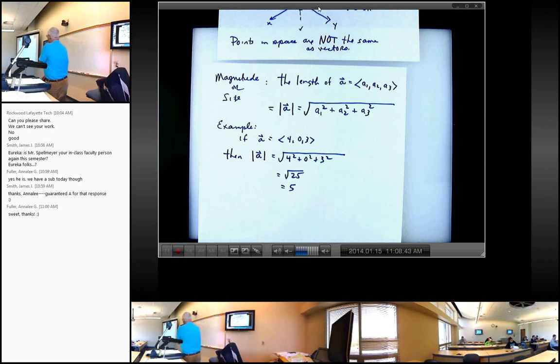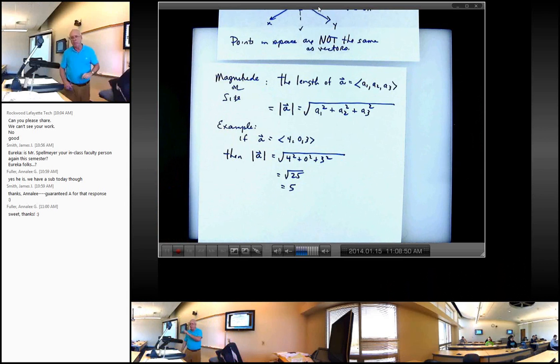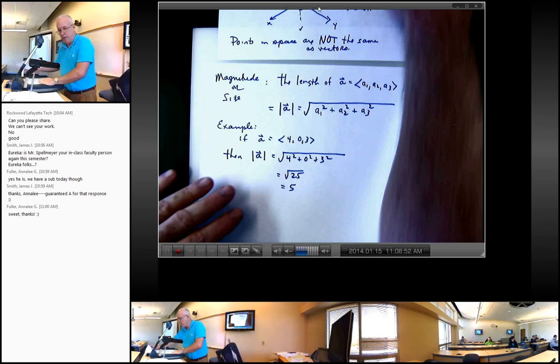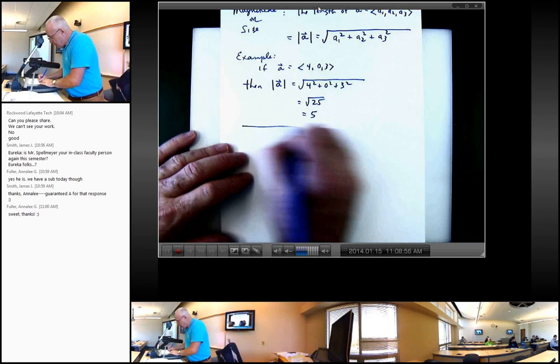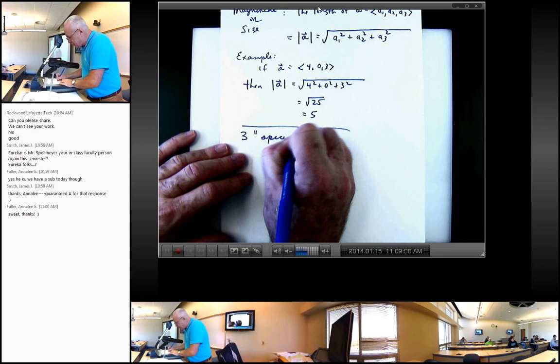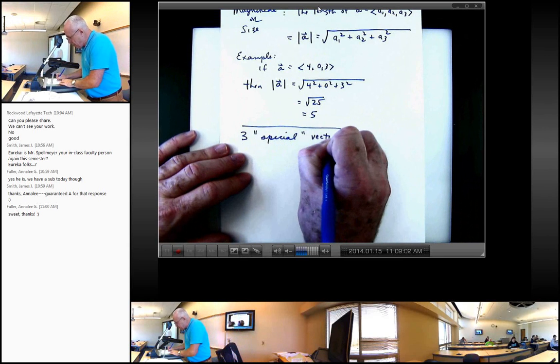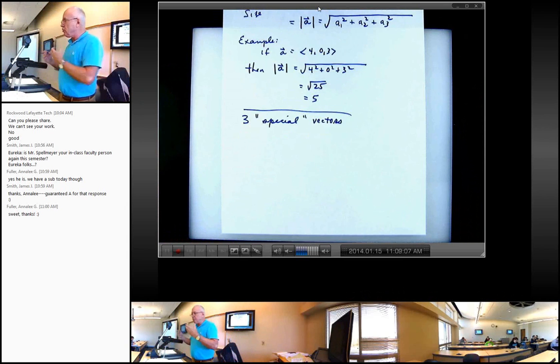Now, we want to talk about three special vectors that have length equal to 1. I'll put this in quotes, "special vectors." I'm going to represent them both algebraically, and then we'll see them geometrically.